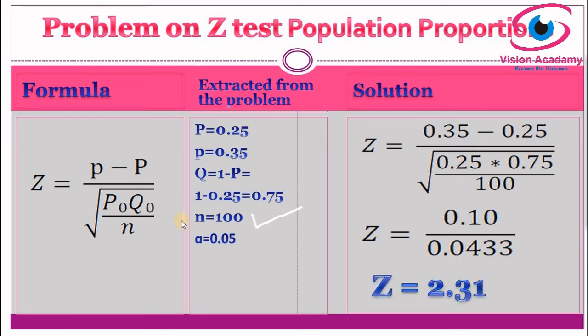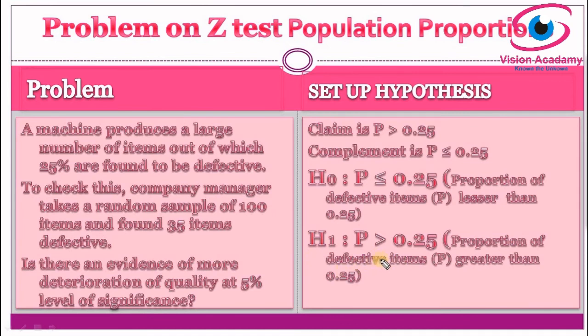Now we will obtain the critical region. To obtain the critical region, we have to decide whether it's a two-tailed or one-tailed test. To decide that, you have to concentrate on the alternative hypothesis. Here we have our hypothesis.